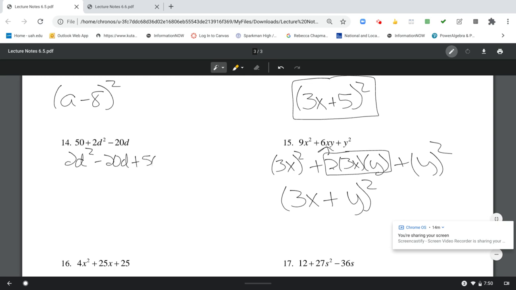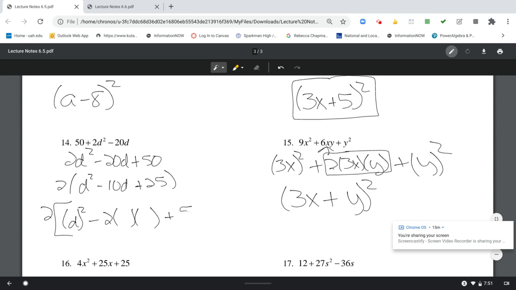So the first thing I need to do is put the terms in the proper trinomial order. Now, the second thing is that I have a greatest common factor. So I'm going to take out the 2. And then from there, I'm going to see I have a d squared minus 2 and my 2 parentheses plus 5 squared.